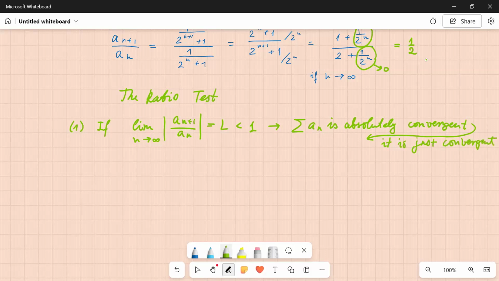Remember that absolute convergence is the strongest type of convergence. So if it is absolutely convergent, then it is convergent in the normal sense, right?